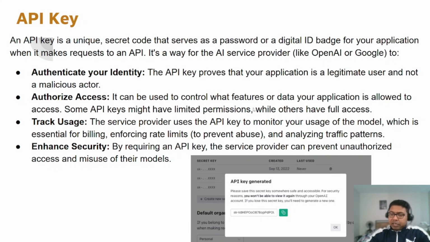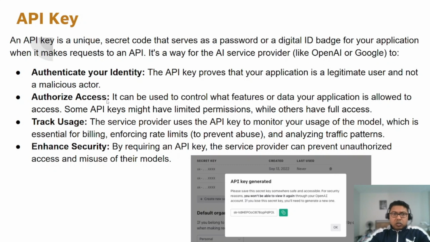That API key will be stored for us against that email ID, and we can download that API key, and then when we are calling that LLM or ChatGPT or OpenAI, we have to pass that API key as a payload, and then that API key will authenticate your identity. The API key proves that your application is a legitimate user and not a malicious actor. So through that API key, they will identify that okay, we are authentic.